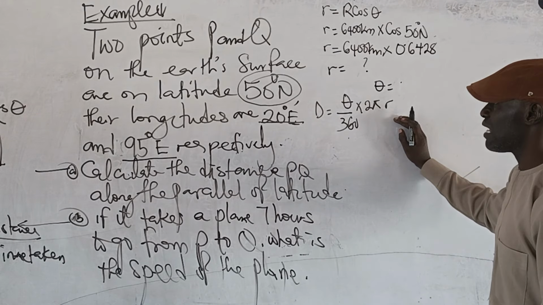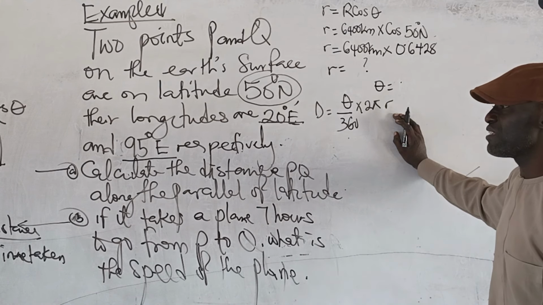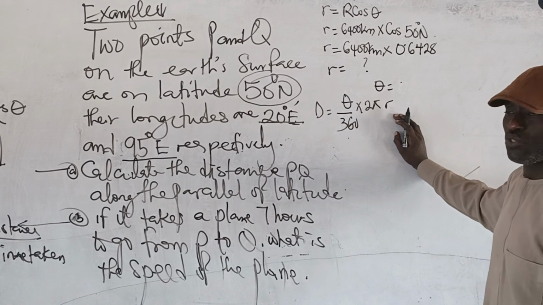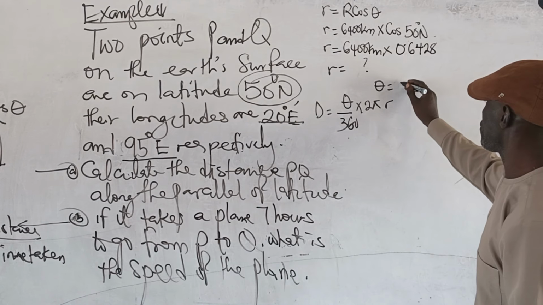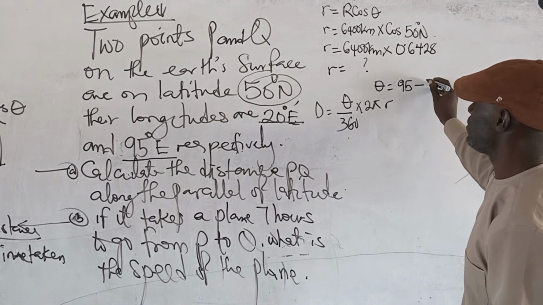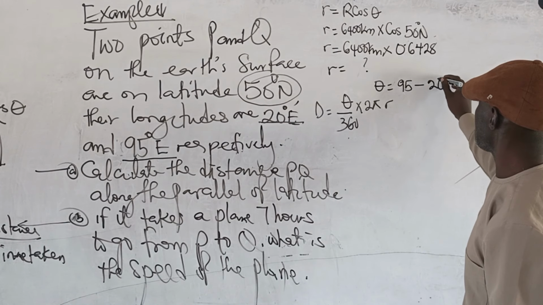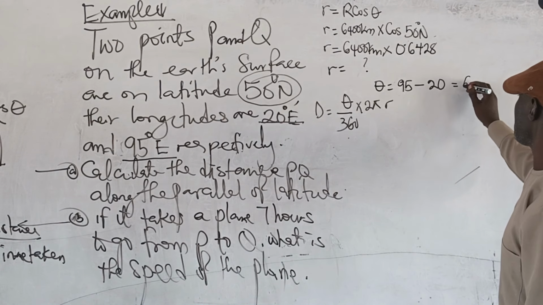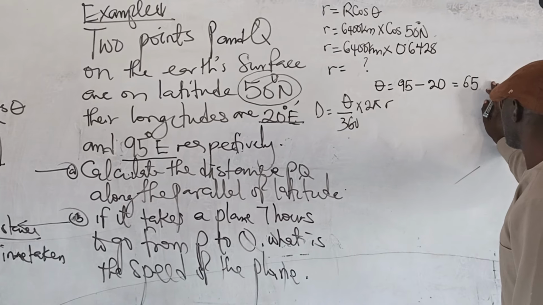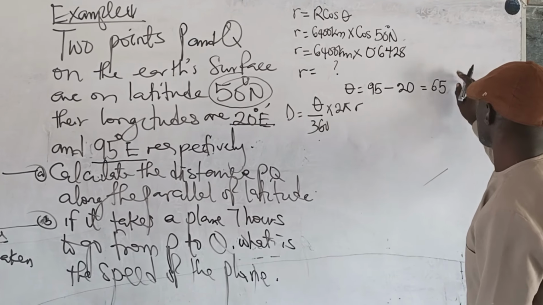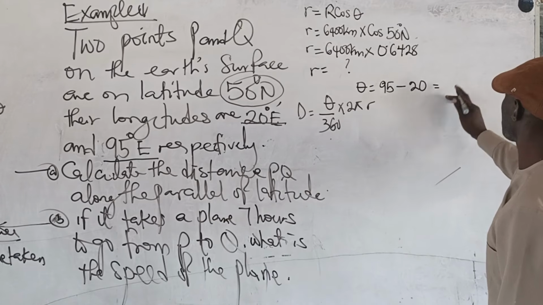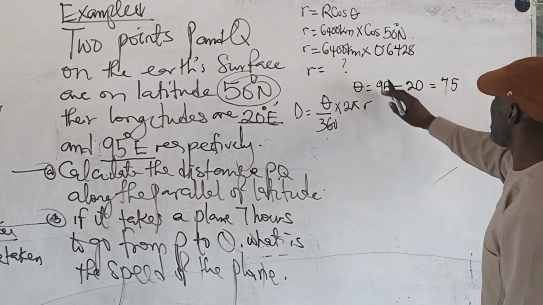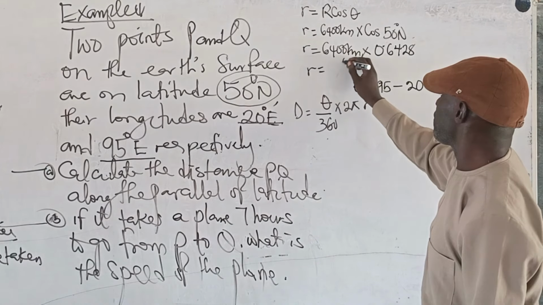So we have them in the same location, and when you have the same location, the law says that we should subtract. So we have 95 minus 20, which is 75. We have 75.